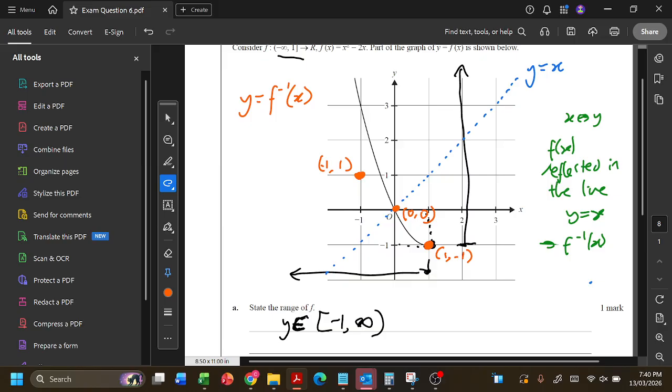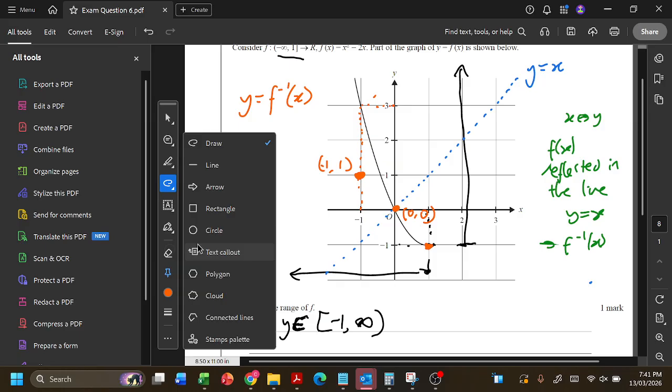And if we were to look at another point from this black curve that we have here, what I'd recommend doing is using the grid lines here. So for example, you can see this particular point, negative 1, 3. In fact, I should probably not have these in orange just to confuse you.